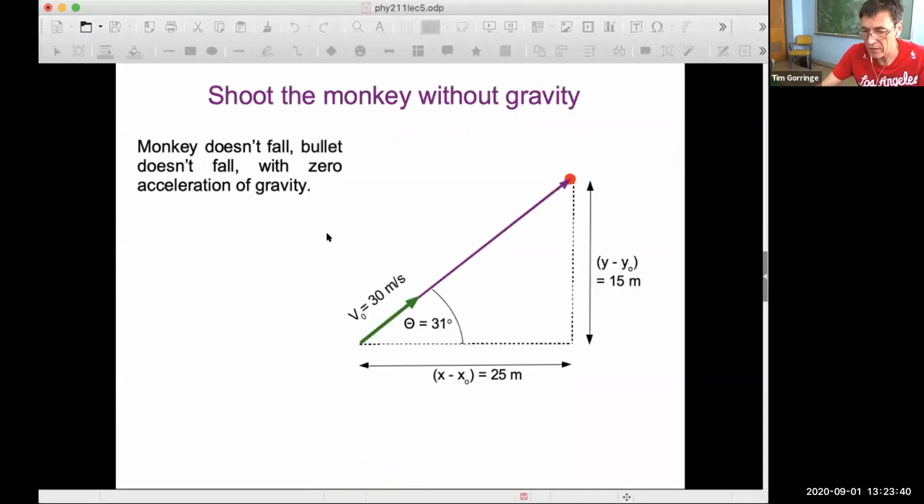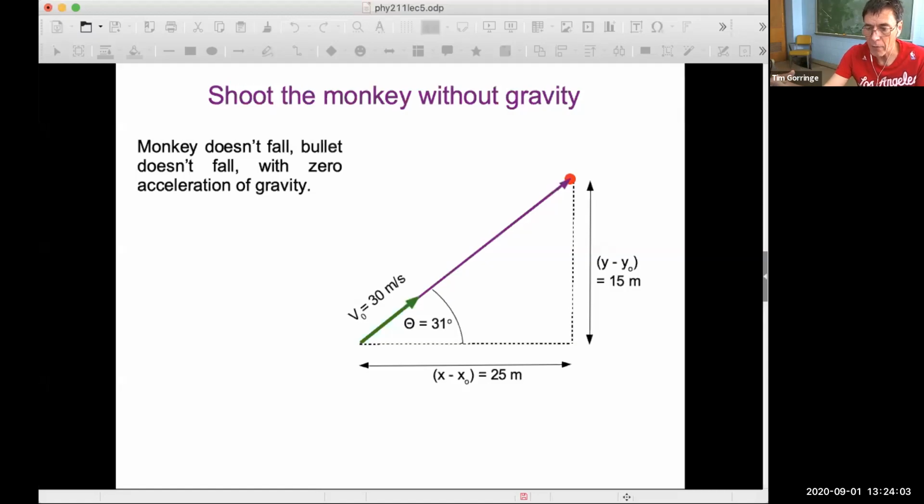And let's try and understand the situation. And the way I'm going to try and understand the situation is by thinking about two situations. Firstly, I'm going to imagine what happens in the shoot the monkey demonstration if we were somehow able to magically turn off gravity. What would it look like?